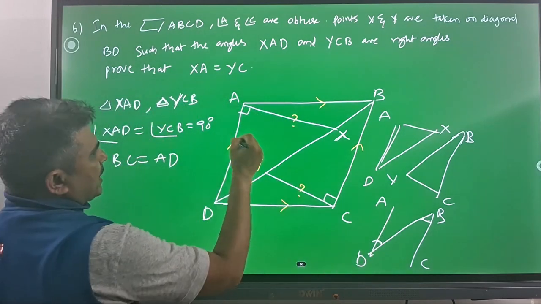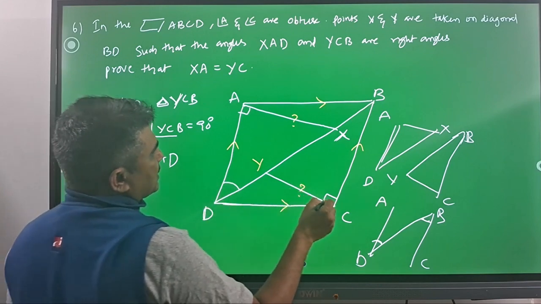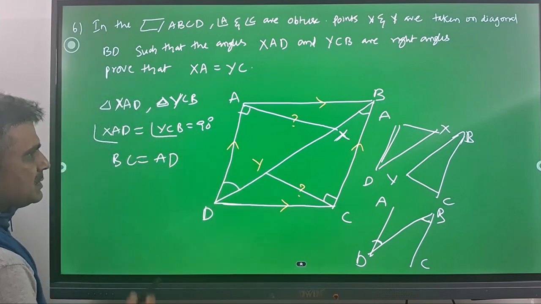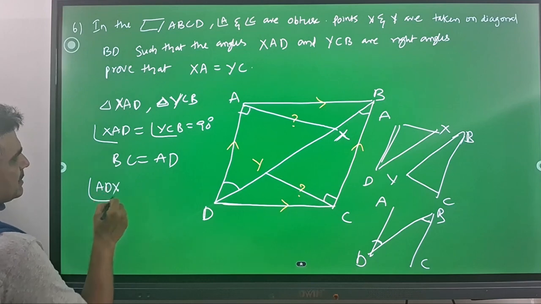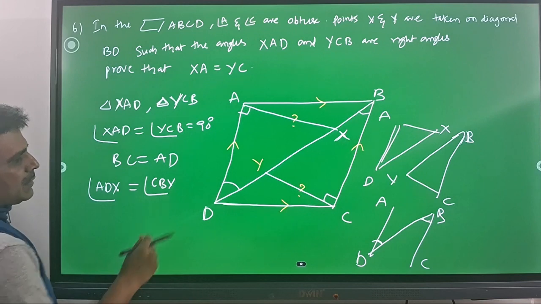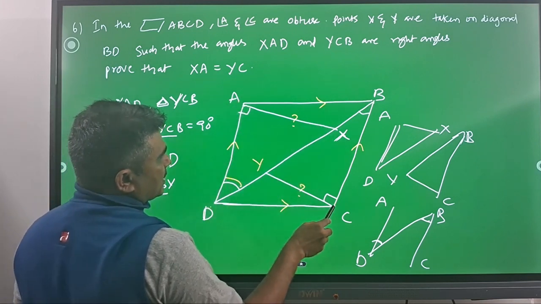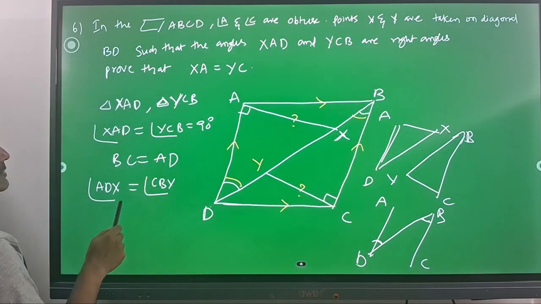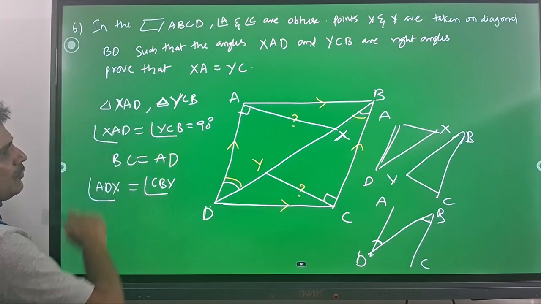Here this is angle ADB, and this is angle CBD. So from these two triangles I can say angle ADX is equal to angle CBY. ADX, that means this angle, is equal to angle CBY. So from these three relations we can say that triangle XAD is congruent to triangle YCB.